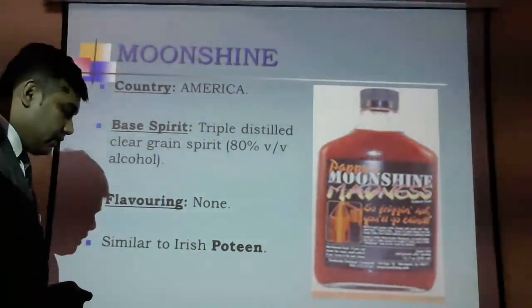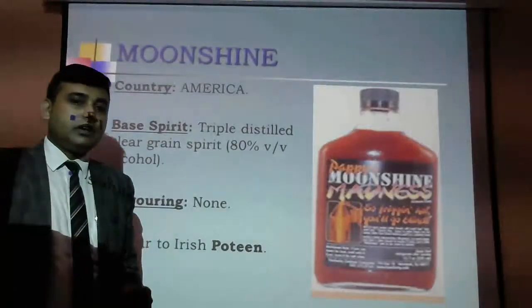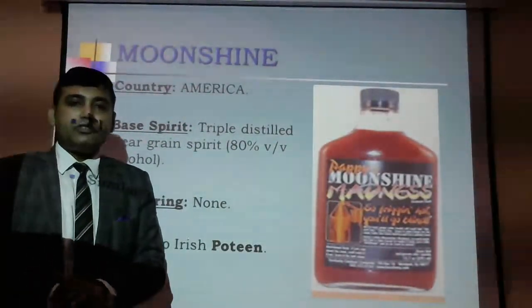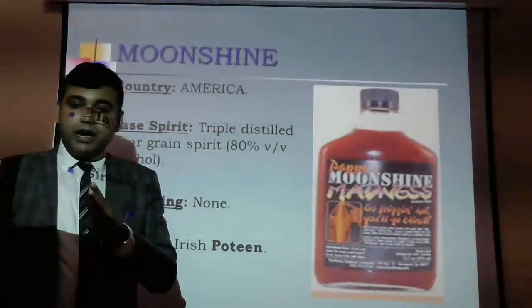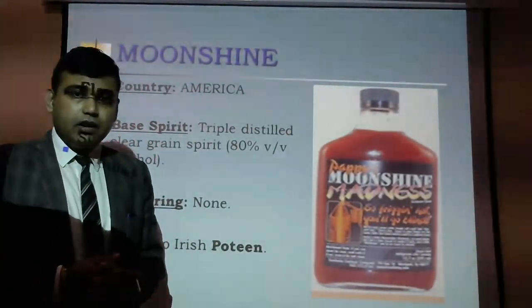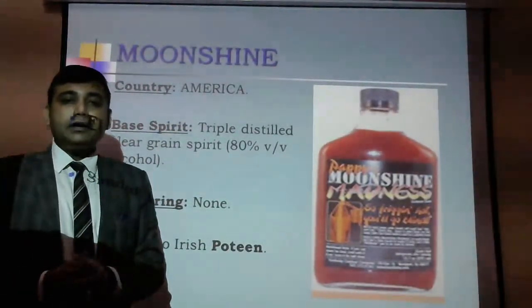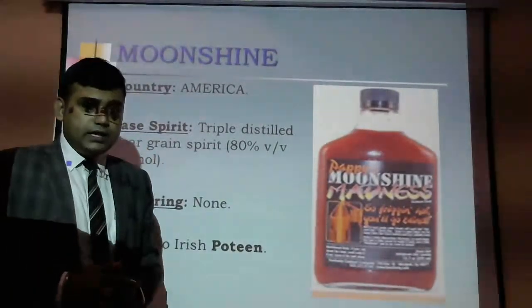Moonshine, as I said, is more like poteen. Poteen is mentioned in Ireland, where this particular beverage is distilled thrice, and it is made from grains. It's a grain spirit, or you can say a grain whiskey, made from different inferior quality grains.